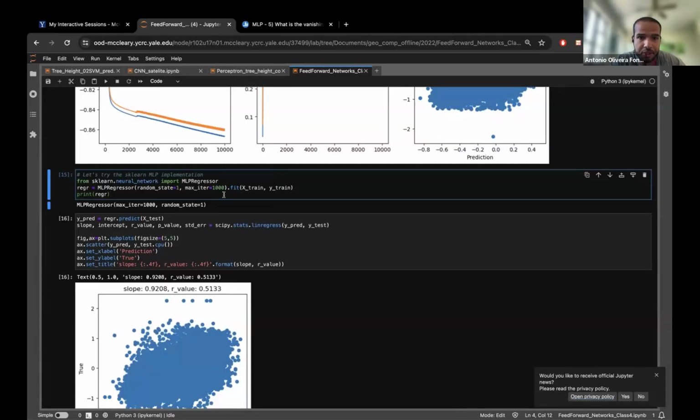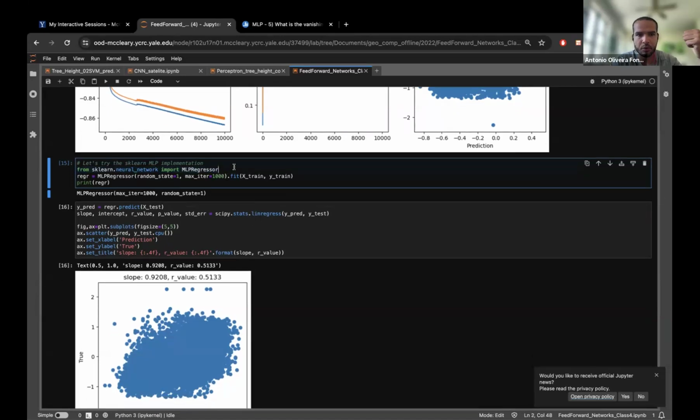We have implemented our own neural network using PyTorch. Before, when we were doing support vector machines, we used the implementation available through sklearn. sklearn also has its own implementation of the MLP regressor and classifier.